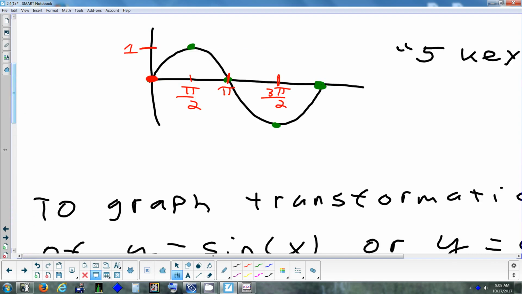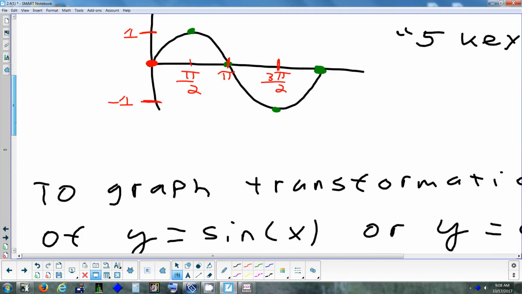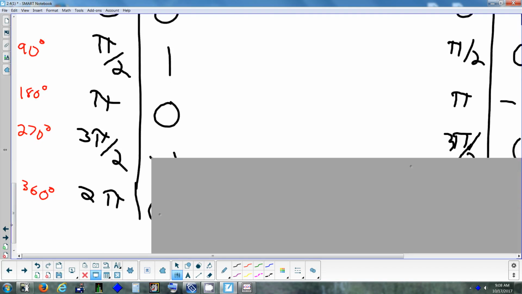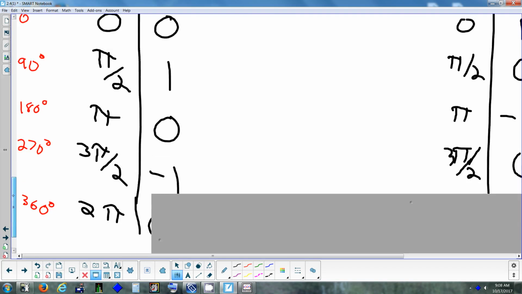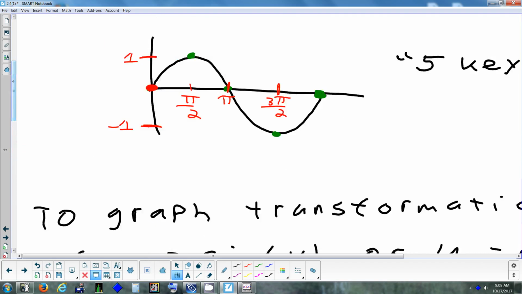Now, we didn't do that one, but based on symmetry, what do you think 3 pi over 2 is going to be? Yeah, it's going to be -1. So 3 pi over 2 is -1. And then 2 pi, you're back where you started. That's the end of the period, and now it's going to repeat. So my y value right there is 0.